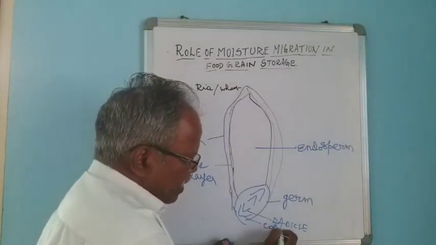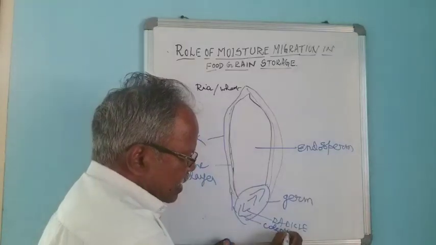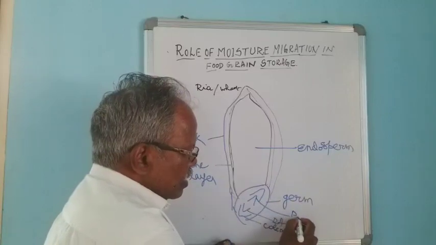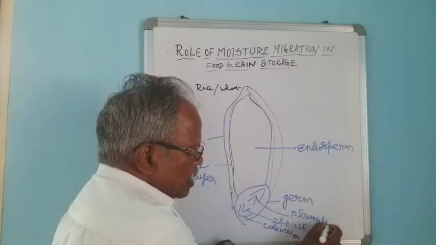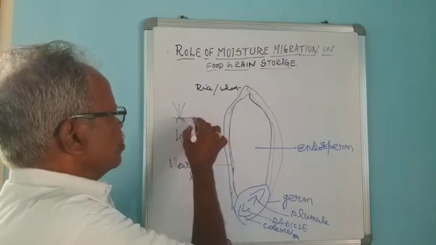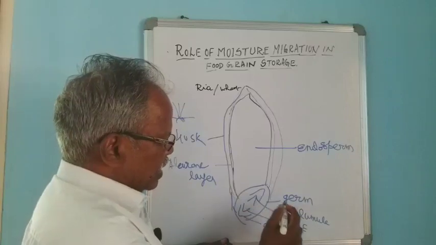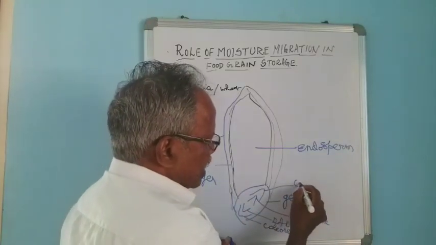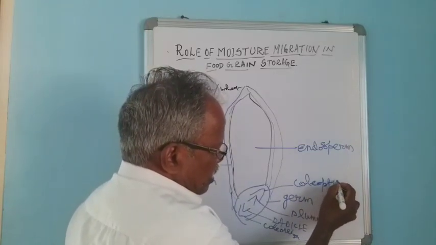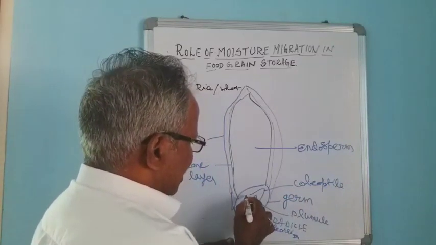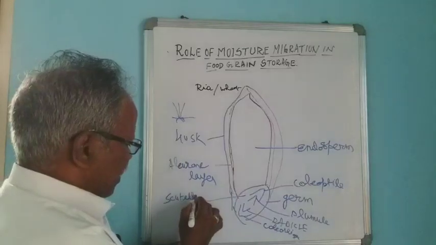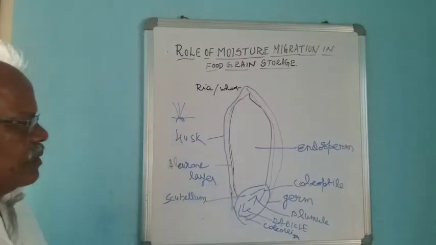The covering over the radicle is called coleorhiza, and here it is called plumule. The plumule becomes the shoot of the plant. This is the coleoptile, that is the covering of the plumule. And this is the scutellum, which is part of the endosperm.